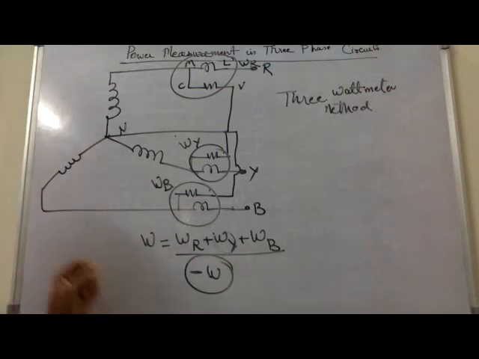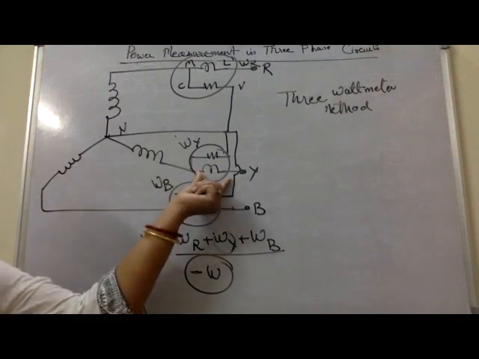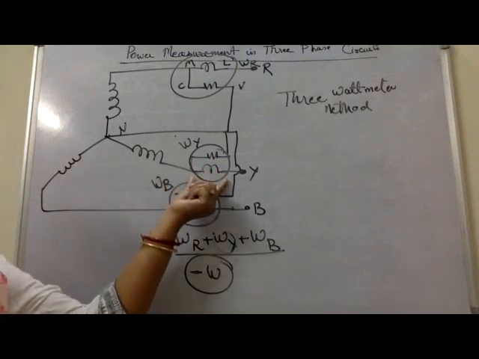So in any reading, when you take it from the wattmeter and the wattmeter needle is going in the reverse direction beyond 0, in that case you know that the wattmeter reading is negative. To convert that negative reading into a quantitative value, we have to interchange the current coil terminals.